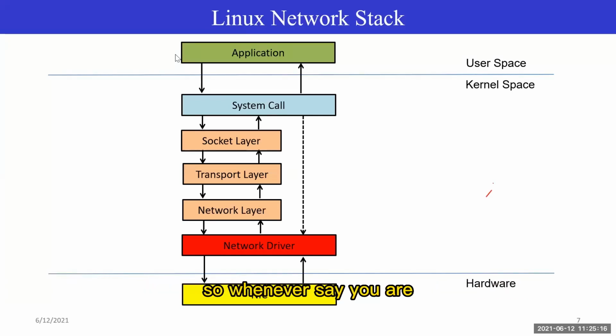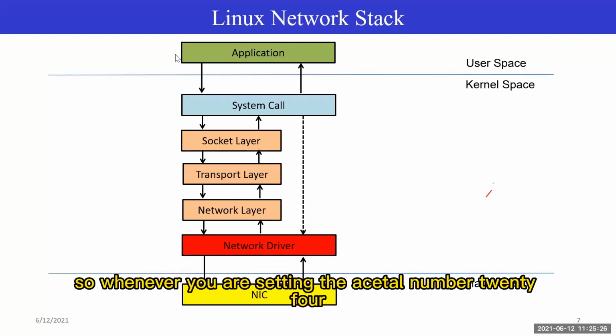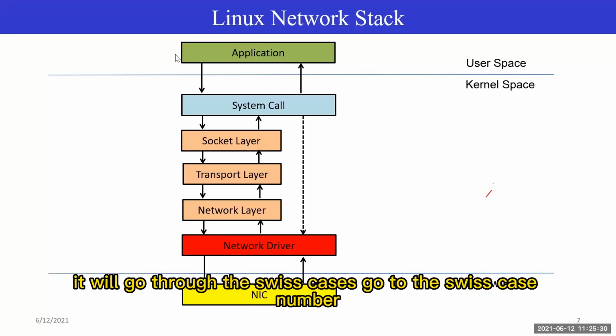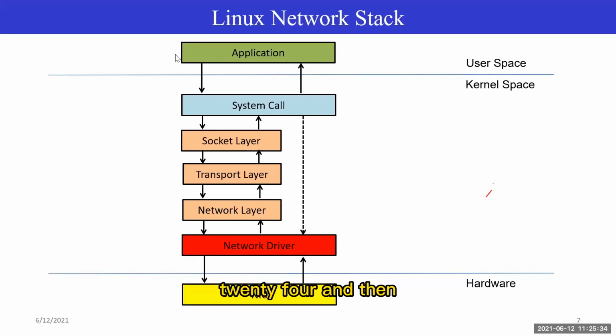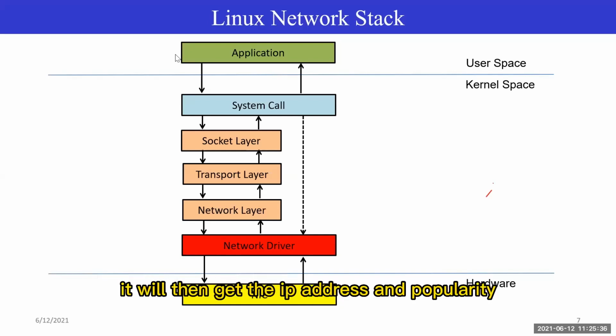Then only, so there must be a switch case of IOCTL number. Whenever, say, you are setting the IP address of an interface using ifconfig, the IOCTL number is 24. So it will go through the switch cases, go to case number 24, and then get the IP address and populate your data structure or variables.